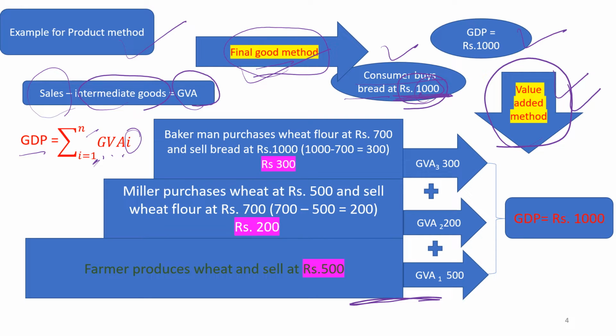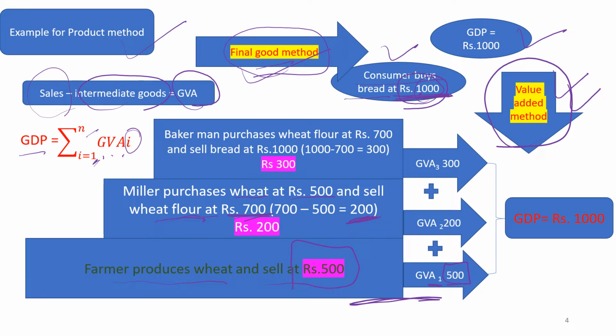Here you can see the farmer produces wheat and sells at rupees 500. Then what is the value added by the farmer? 500. Now this wheat is purchased by the miller. After purchasing wheat at rupees 500, he sells the wheat flour at 700. So he is charging 200 for converting wheat into wheat flour.